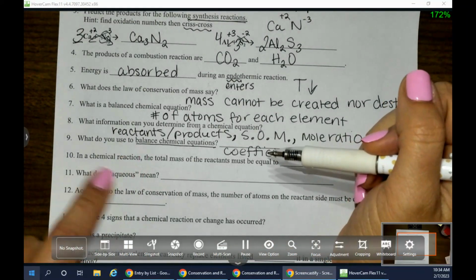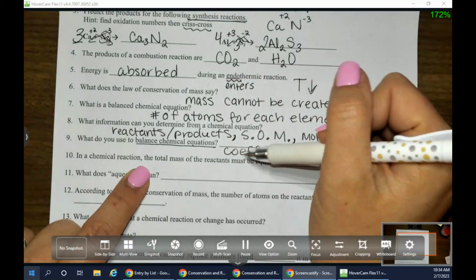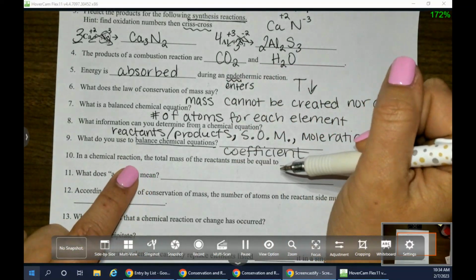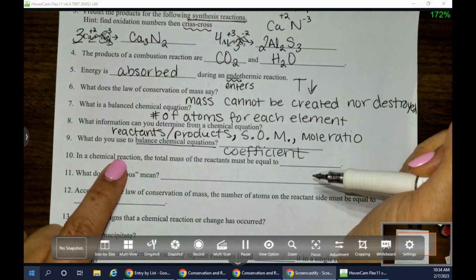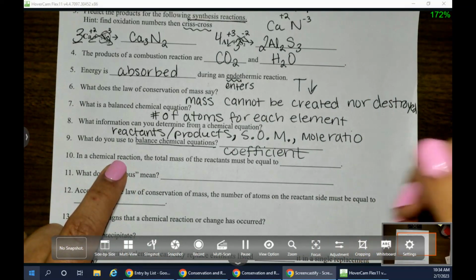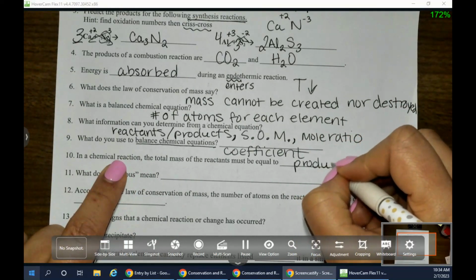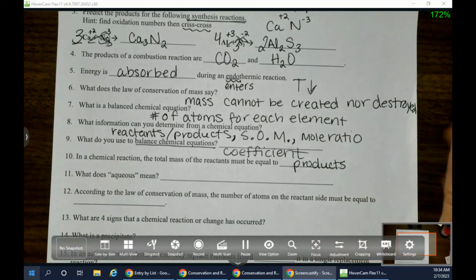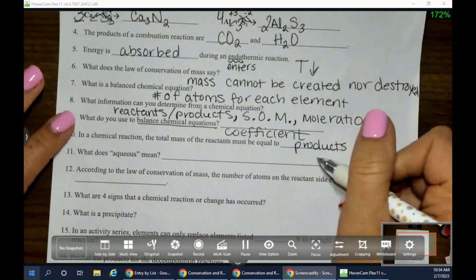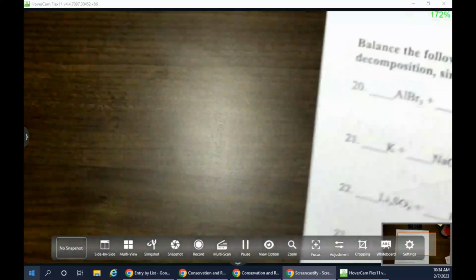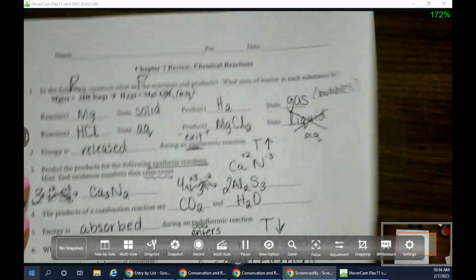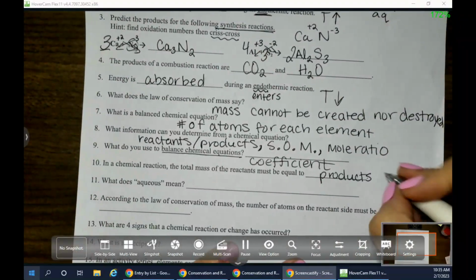All right. In a chemical reaction, the total mass of reactants must be equal to, you guys got this. Total mass of the reactants has to be equal to who? The products. Total mass of your products. That's what we were just now doing. So for your example, give yourself the little example right here.